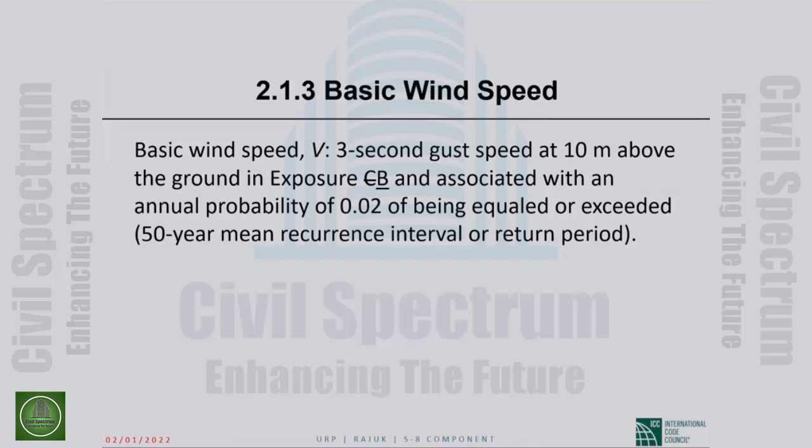Okay, 50-year return period wind speed, as I said. So when you see the capital V in BNBC, it indicates all of that. It is 3-second gust speed at 10 meters above ground of exposure B, associated with a return period of 50 years.